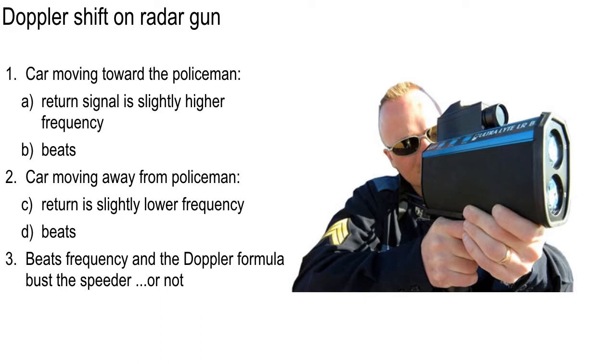Unless you're in Montana, where it used to be that there was no speed limit during the daytime. Can you believe that? When I lived in Montana, there was no speed limit on the interstates and a lot of the back roads, secondary roads. At night, there's a speed limit.